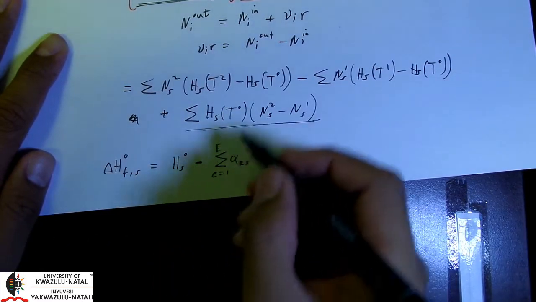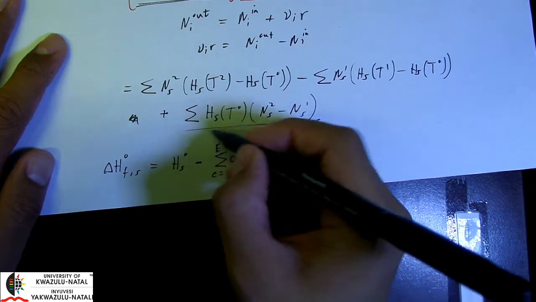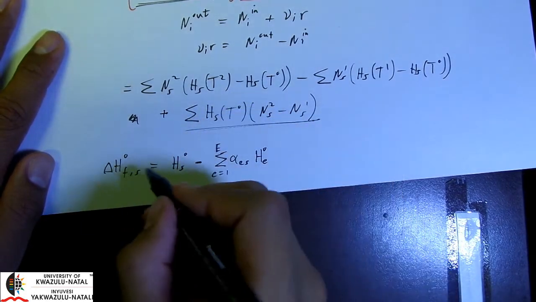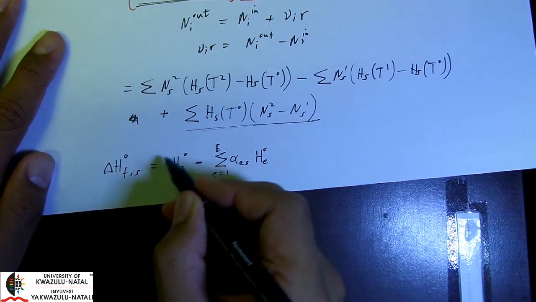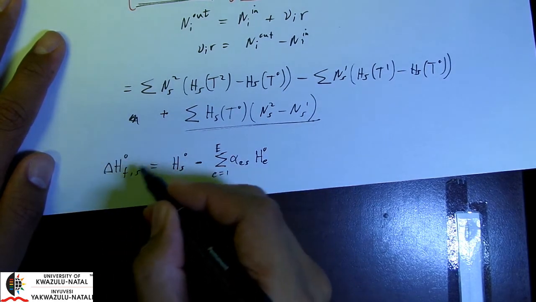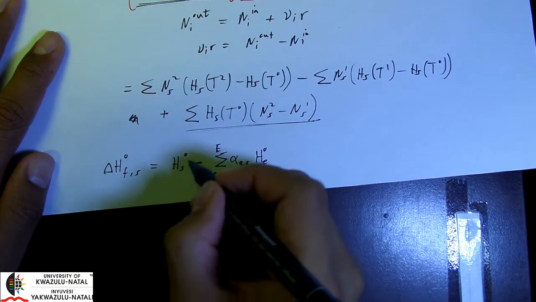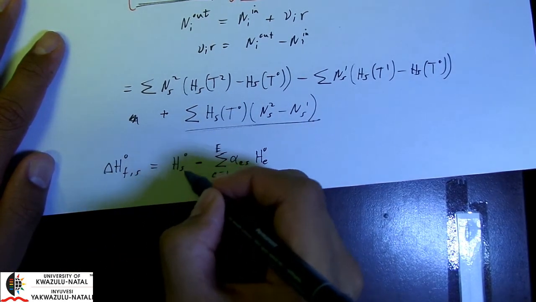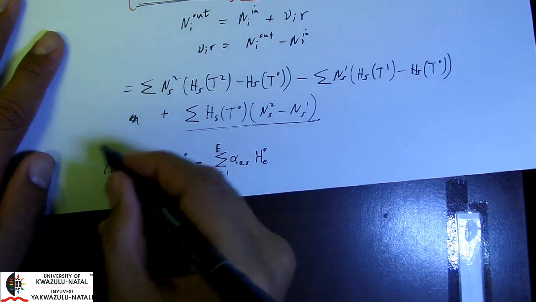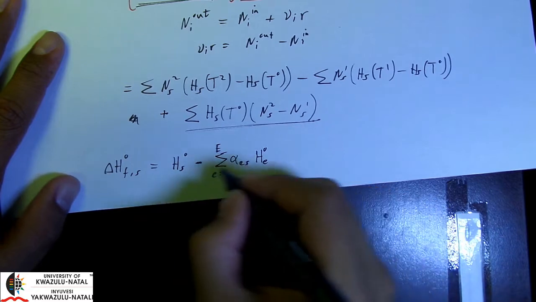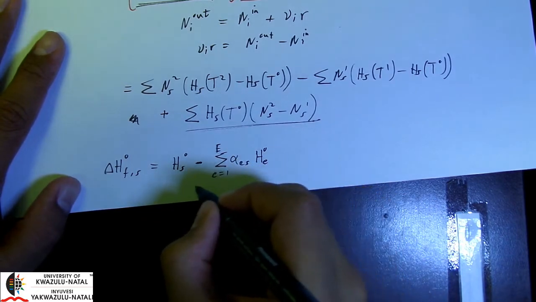Now, instead of writing our enthalpy of our species at our reference temperature, we can express it in terms of our heat of formation. Instead of this term here, we can change the subject of the formula and say that this HS naught is equal to delta HF, heat of formation, plus my summation here.